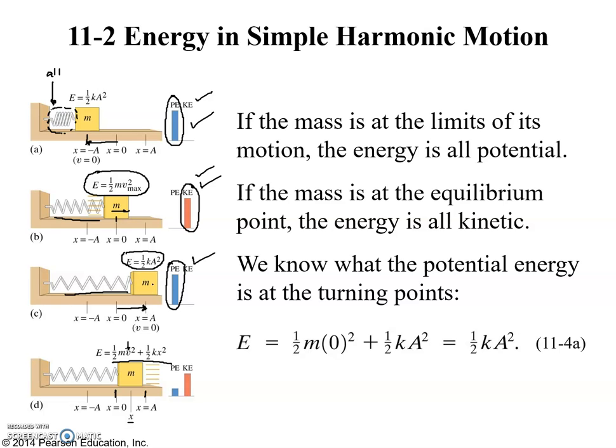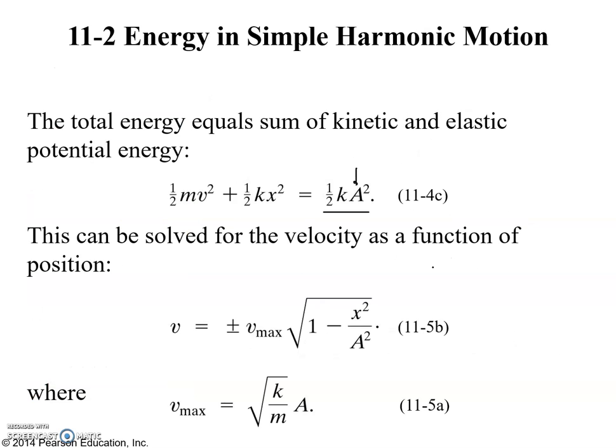The distance x that's stretched out is actually a, the amplitude, so it's 1/2 k a squared. Or up here, for instance, where the spring is completely compressed, again it's at its negative amplitude, so the total energy at that point is 1/2 k a squared. So looking at these points where it's 100% compressed or 100% stretched out, and all of the energy is potential, that's a good point to calculate the total energy in the system.